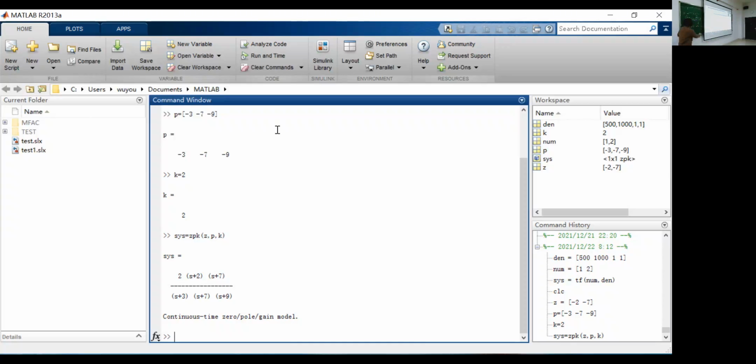So this code means the system has no zeros. But it is different from this: if you write a 0, it means it has a zero and the zero value is 0. So if a system transfer function has no zeros, you just leave nothing here. So let's see.